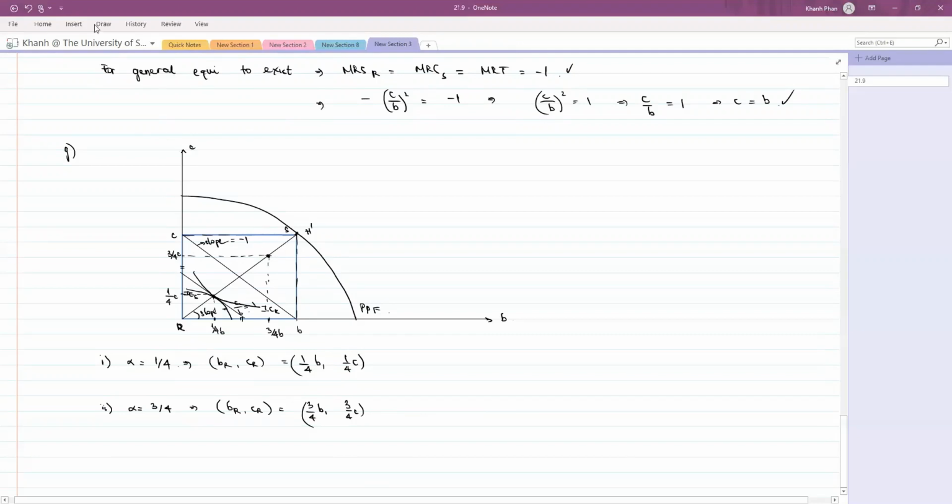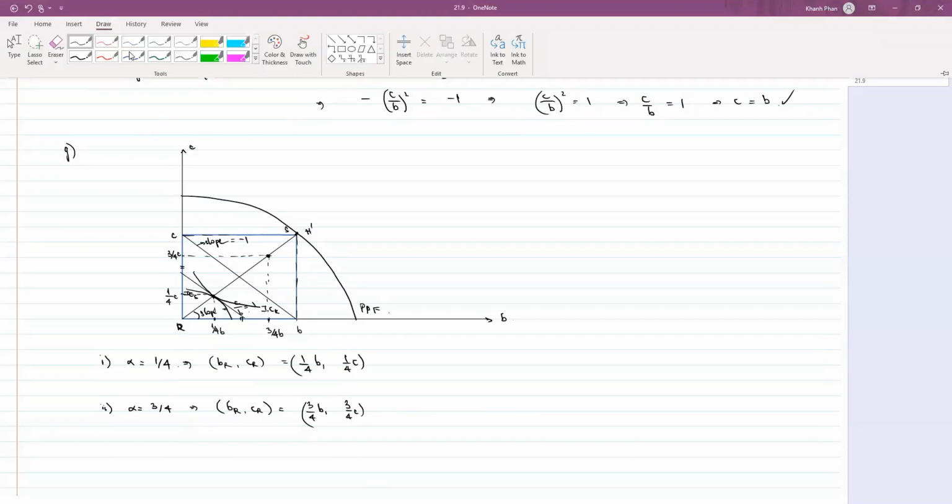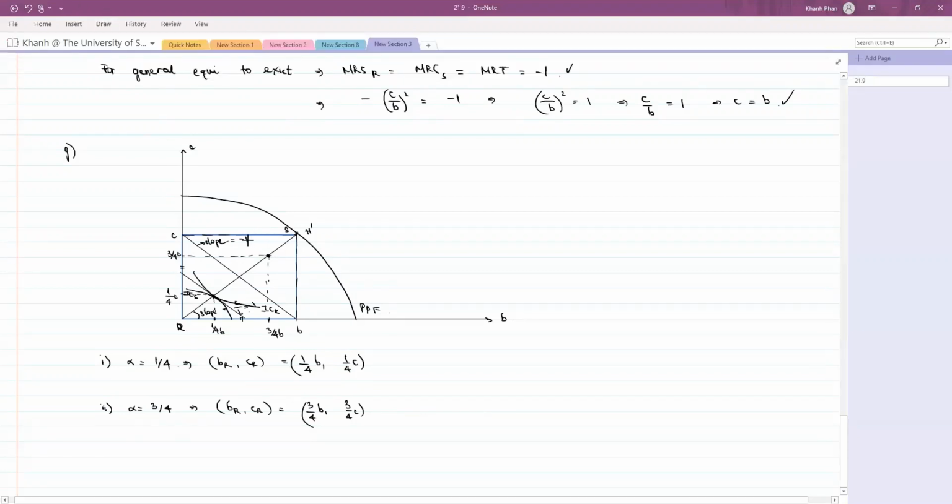So again, if I draw the two indifference curves that are tangent to each other and also tangent to the line with the slope of -1 that is going through this point, like this, they are tangent to each other and they are tangent to the line with the slope of -1.